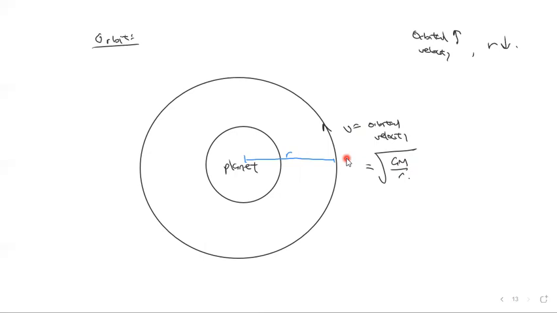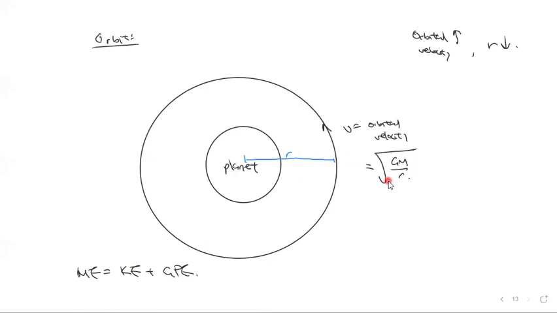Now, you've learned before that mechanical energy equals kinetic energy plus potential energy. We know that if you've got a satellite going in orbit, it's got to be traveling at this velocity.